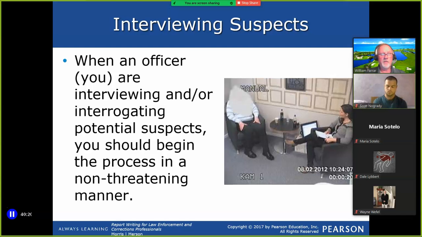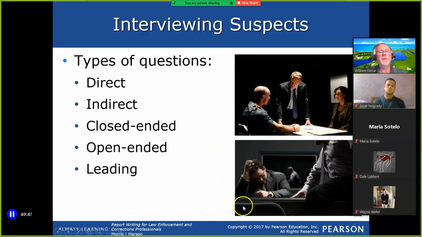And the only way you're going to get a statement usually is if you take the non-threatening approach. It never hurts to try that first. It doesn't mean that you can't raise the level of intensity a little bit later, but initially you want to start off with that non-threatening approach, okay? And that really will help you later on down the line, trust me.